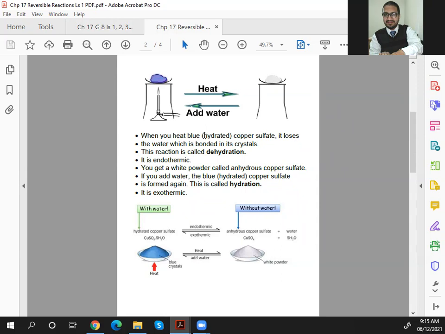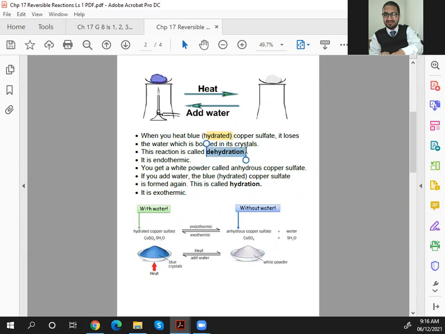When you heated blue hydrated copper sulfate, I'm going to also highlight it, it loses the water which is bonded in its crystal. The copper sulfate is combined with water, a little bit wet. This reaction is called dehydration.